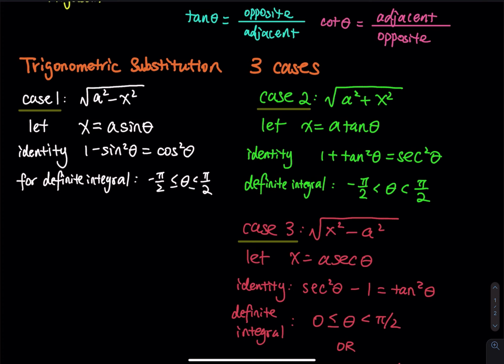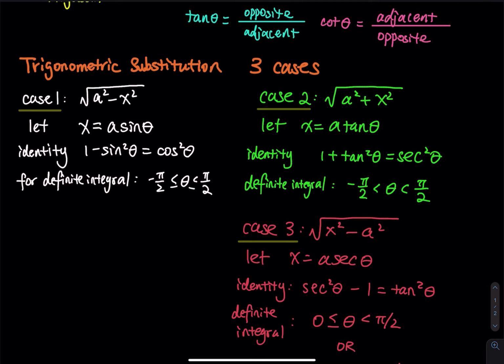So let's take a look at case 2. In case 2, inside the radical, the radicand, you have a squared plus x squared. So case 1 is a minus, case 2 is a plus. In case 2, you let x equal the constant value times tangent theta, and the identity is 1 plus tangent squared equals secant squared. For a definite integral, you let theta be between negative pi over 2 and positive pi over 2.